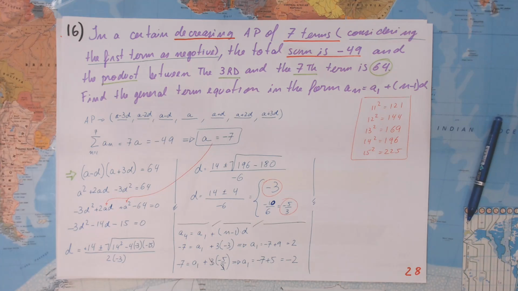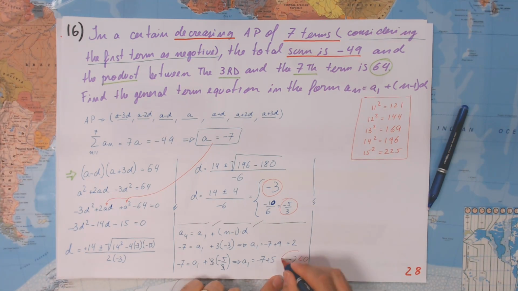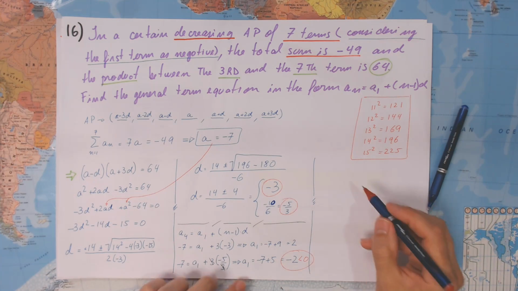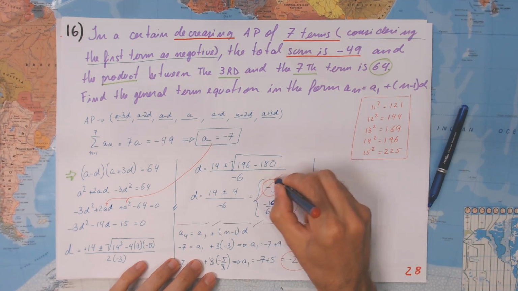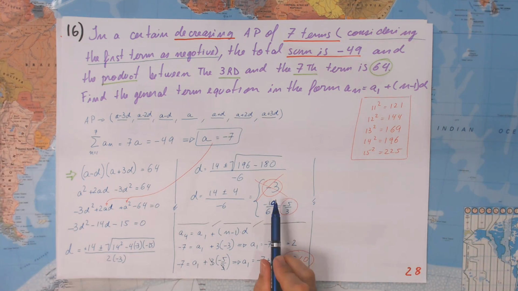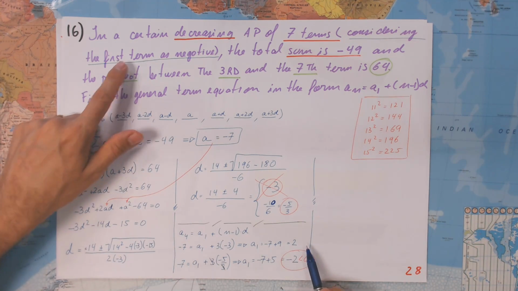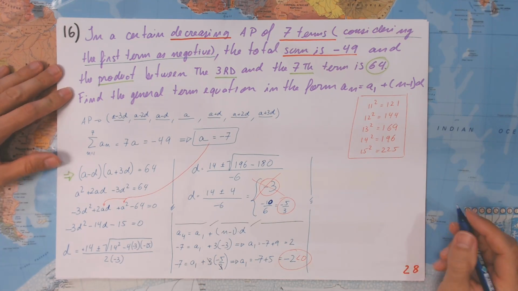Okay, this is negative. Okay, that's what we wanted. So we are not going to use this way. Okay, this value of d brings to us a positive first term, and we have a negative one. Well, so we have our answer.